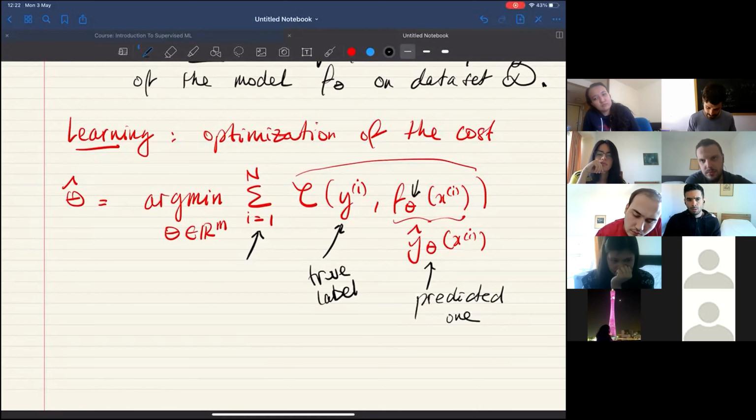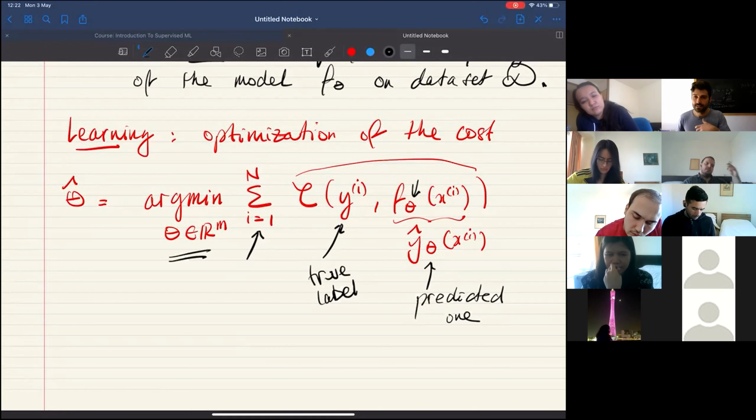And what I do is that I try to minimize this overall cost, this global cost, over my parameters, which means I'm trying to find in my hypothesis class the function, the model that minimizes the overall cost. Okay, this is learning concretely in supervised learning.